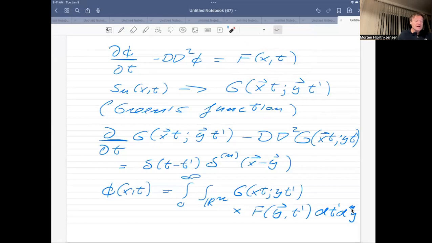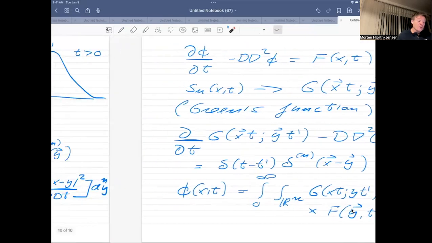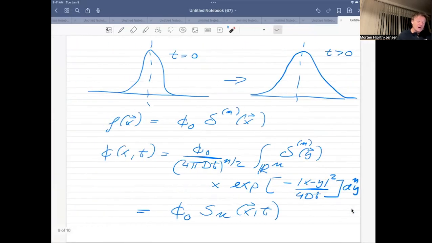Now, the main aim of this part of the lecture today was simply to motivate the basic understanding of a Green's function as a solution to the diffusion equation, where we can find the solution of the diffusion equation in terms of this fundamental solution here.